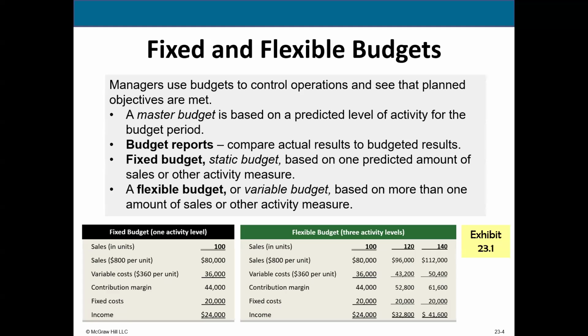We start every single budget with a sales budget. The sales budget helps us to derive the production budget. The production budget tells us how many units we need to make based off of the sales budget. Within the production budget, we have the direct materials budget, the direct labor budget, and the variable and fixed factory overhead budgets. We combine all of those things, right?